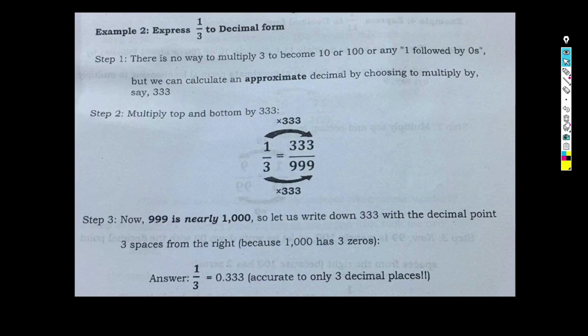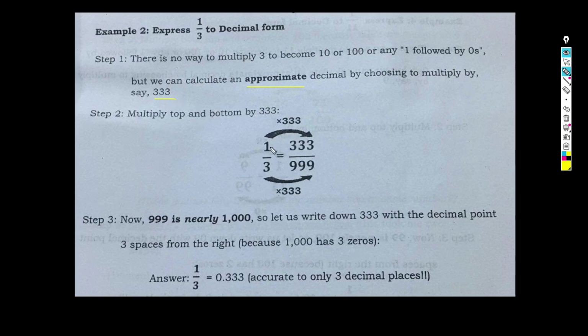Example 2, express 1/3 in decimal form. There is no way to multiply 3 to become 10 or 100 or any 1 followed by zeros. But we can calculate an approximate decimal only by choosing to multiply by, say, 333. So multiply top and bottom by 333.